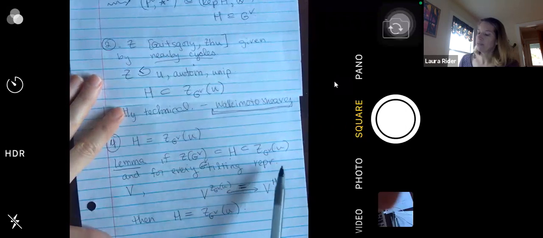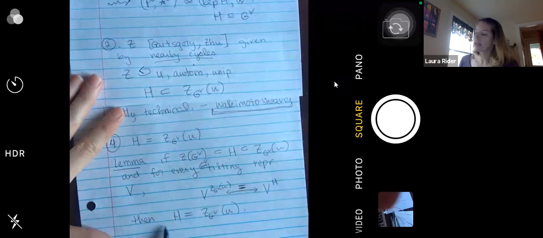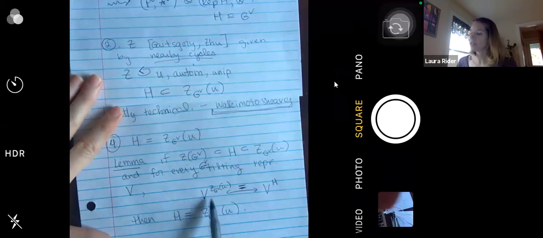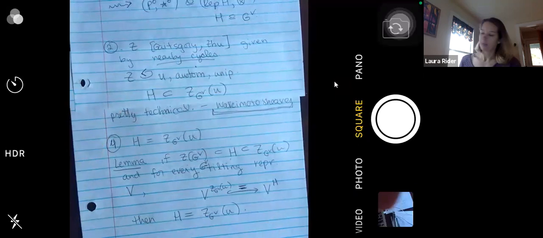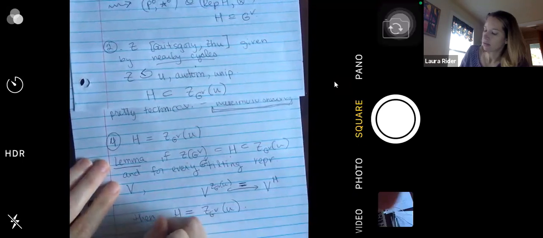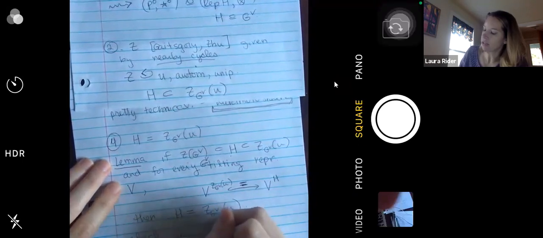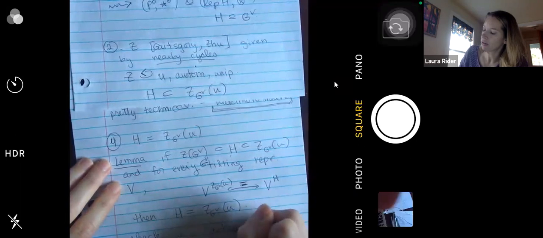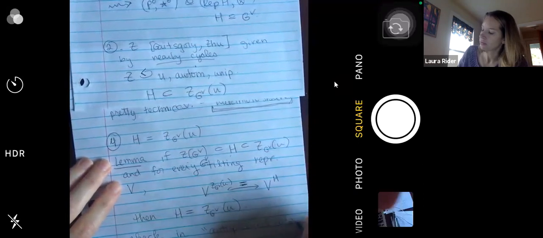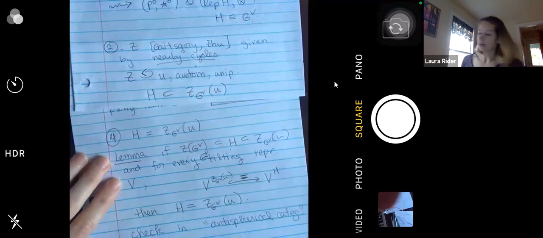So we're able to use this lemma and then check on the constructible sheaf side that in fact we have a property like this. So we need to check this in what is called the anti-spherical category. Good.